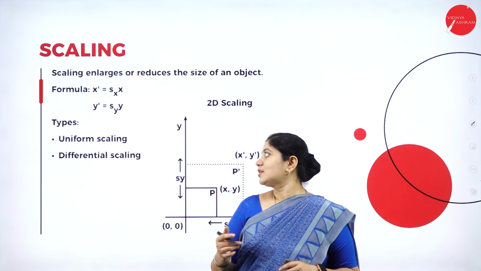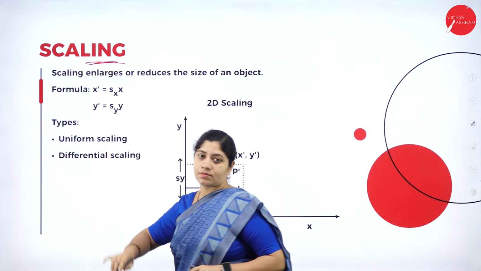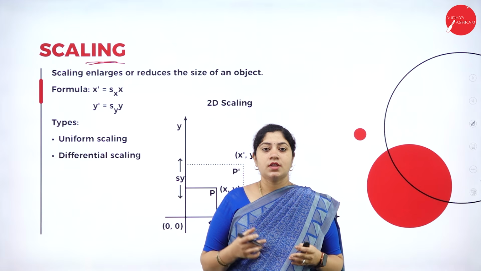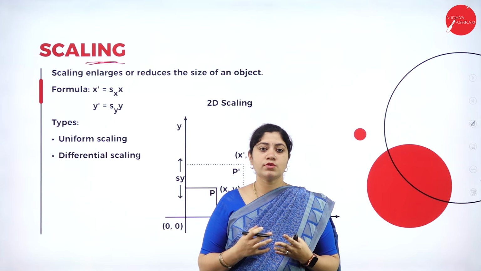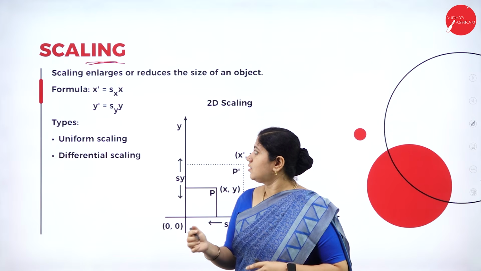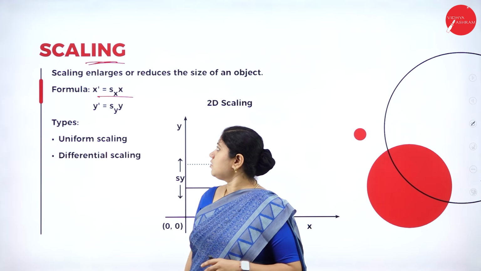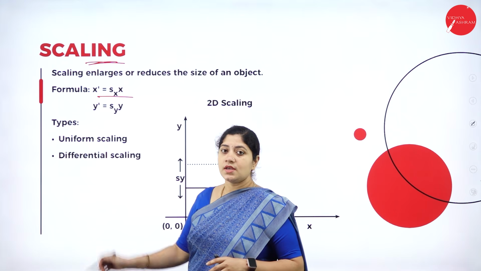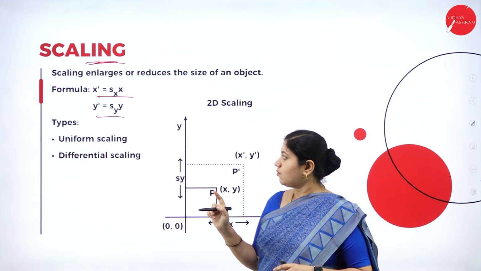Let's move on, and the next topic is scaling. Scaling is utilized to either enlarge or reduce the size of an object. Now let's see the formula for scaling. There is x' equals sx into x, and similarly y' equals sy followed by y.